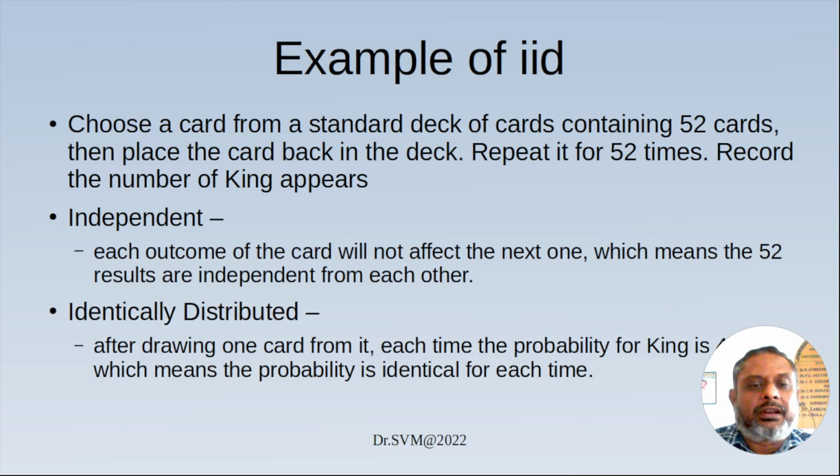In the same way, they are identically distributed because every time all 52 cards are used for the experiment. Each time there are 4 kings in the deck, so the probability of getting a king is always 4 by 52. That is identical each time. Picking a card from a standard deck becomes IID only if you replace the card back into the deck after every experiment. If you don't, it can't be IID.